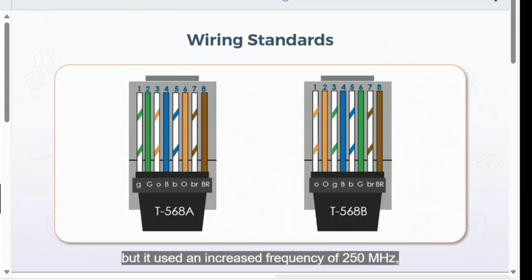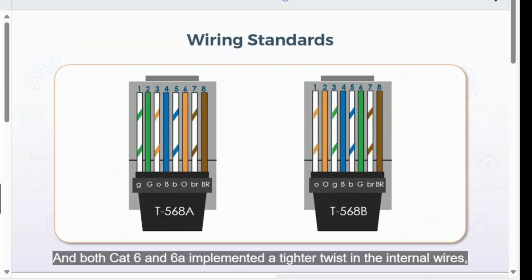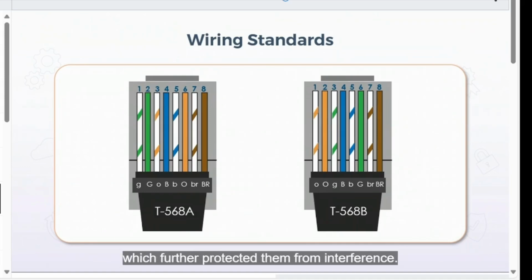So before you start, be sure to take note of which standard you're going to be observing, and maybe just print out a diagram of that standard to use as a reference. That said, where you would see the color scheme written would be on a patch panel where you punch down the bare wires. Patch panels typically tend to have both standards written, one above and one below each row of connectors.